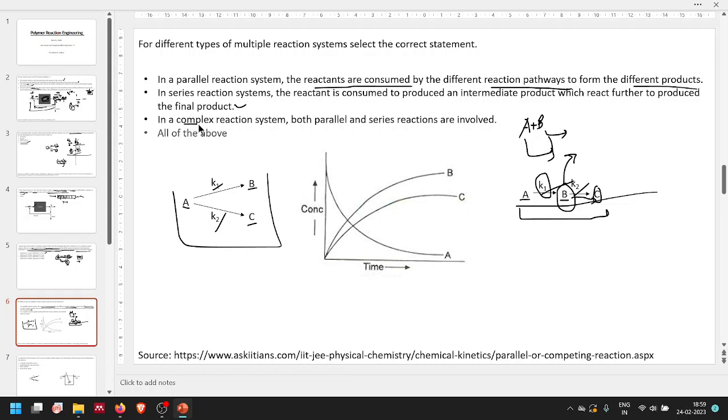So it can be defined as a complex reaction system, and yes, series and parallel reactions will both be involved. Since all the statements are true, all of the above will be the correct answer.